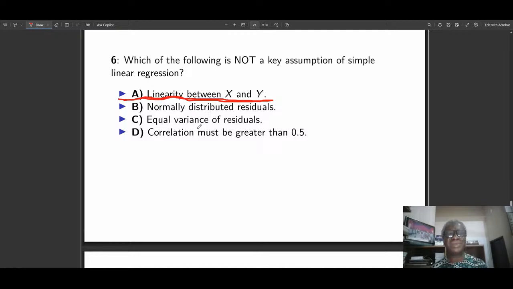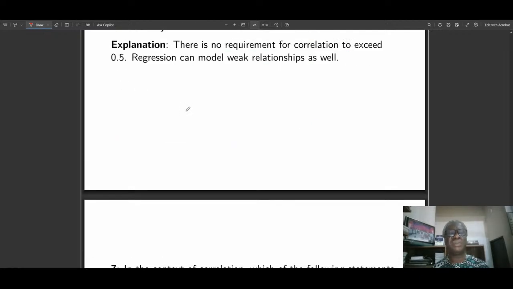Yeah. The correct answer is D. Sorry, the correct answer in this case is D. These are correct assumptions, though we didn't discuss them, but this is not a key assumption. There is no emphasis on what the correlation measure should be for you to run linear regression.